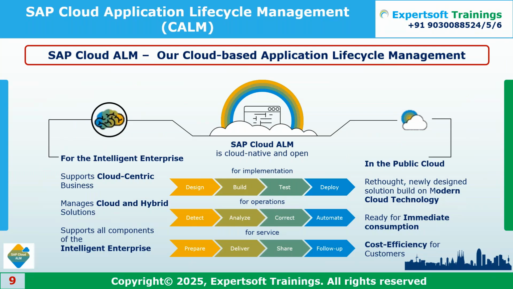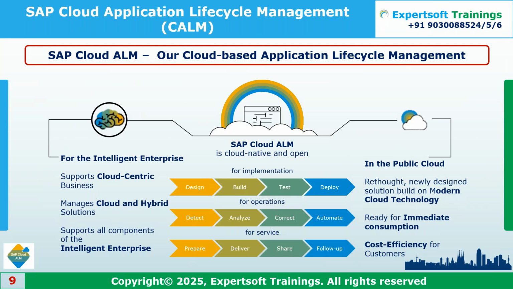Thank you. So the Cloud ALM supports all cloud-centric applications for business, with the methodology having four phases supporting design, build, test, and deploy. It also gives support for hybrid landscapes, hybrid solutions, and it also supports solutions like Ariba, SuccessFactors, Concur, and many private editions of cloud for S4HANA, BW.